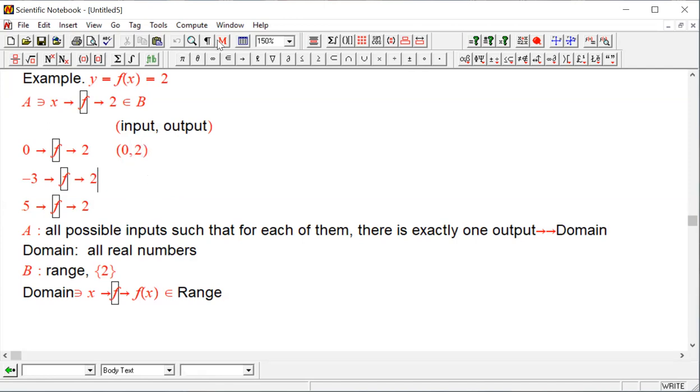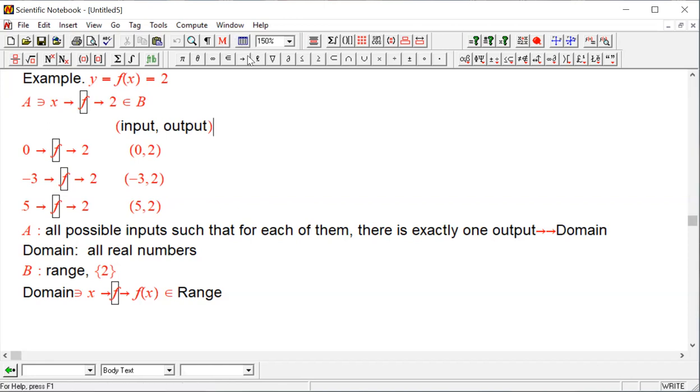For input -3, the output is 2. For the input 5, the output is 2. And we can make many more of such points.